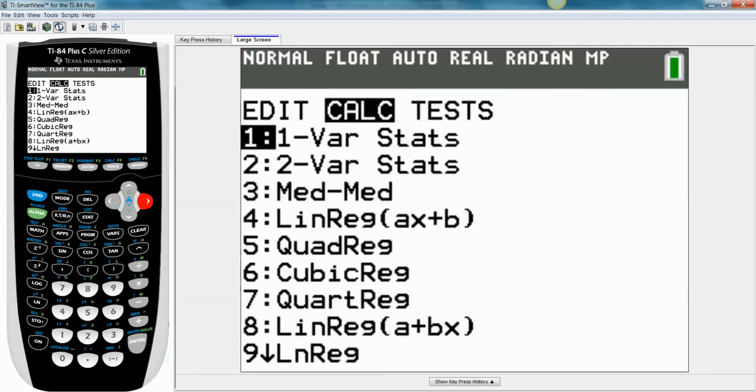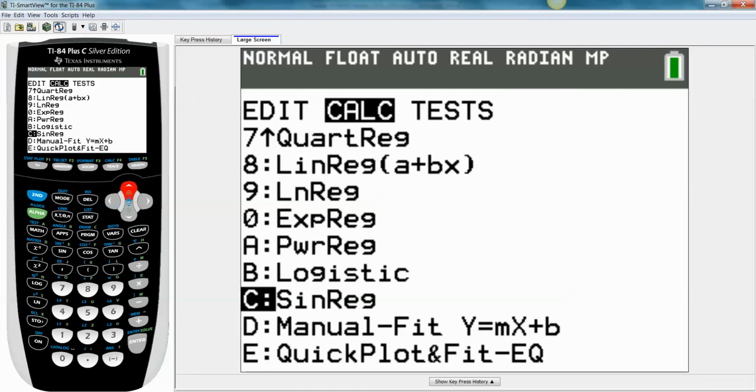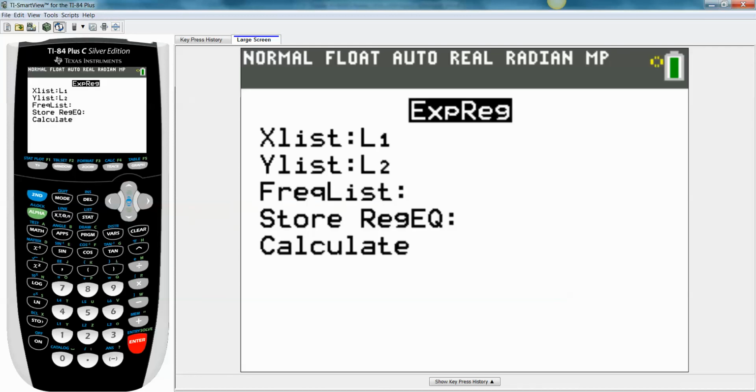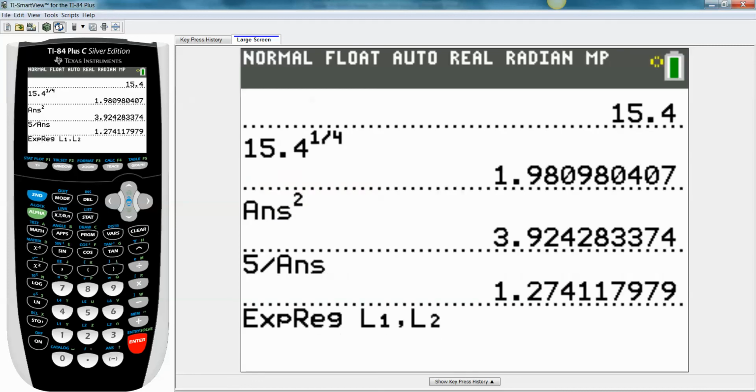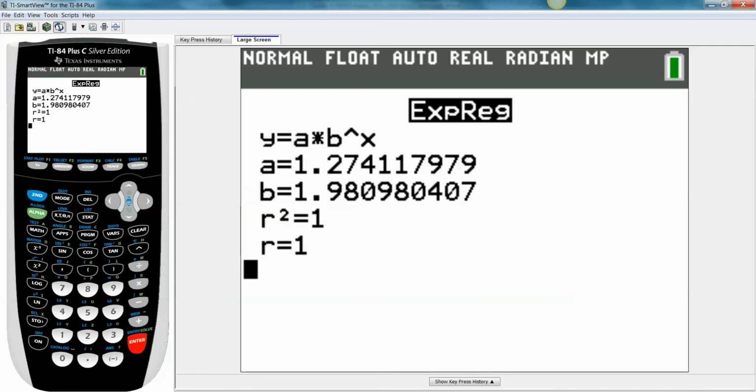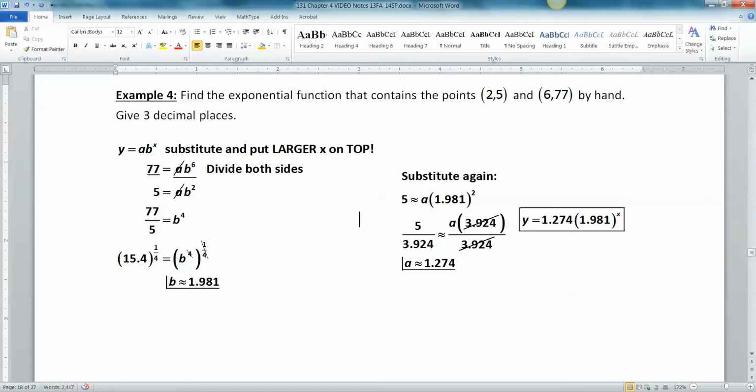Stat, calculate, move to 0, which is exponential regression. Go down to calculate, press enter, and there it is, and it matches our values. Beautiful. So we're done.